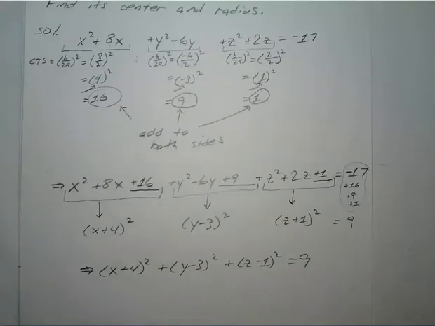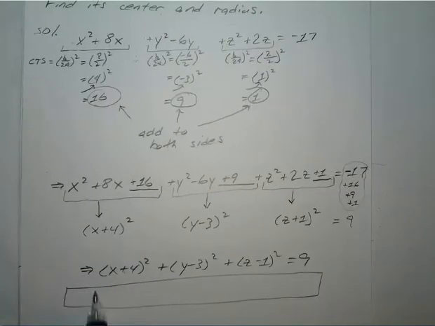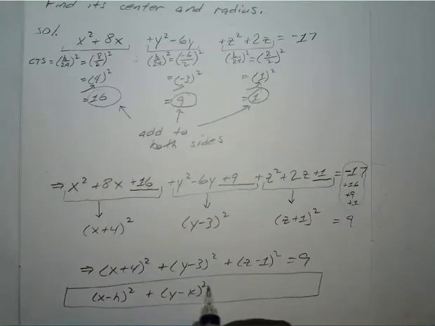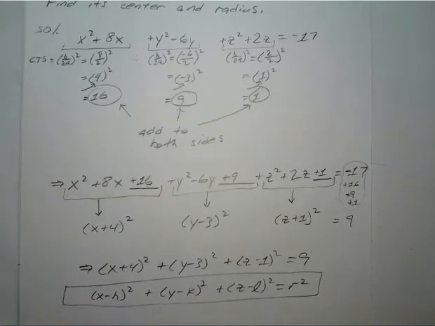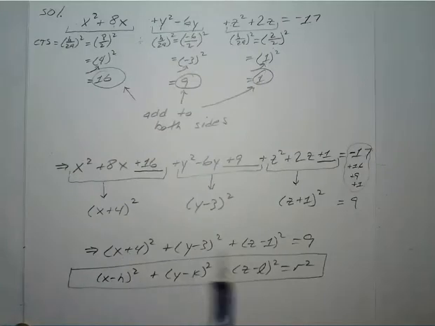But remember, it has to be in the form, just to give you a quick comparison, x minus h squared plus y minus k squared plus z minus l squared equals r squared. These have to be minus signs. All 3 of them have to be minus.